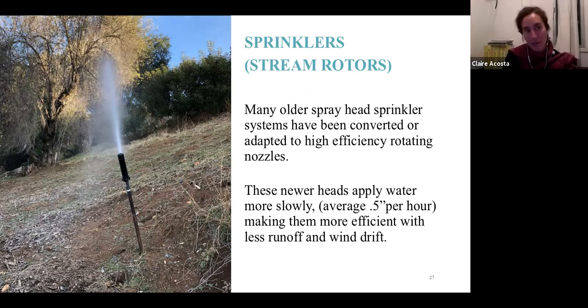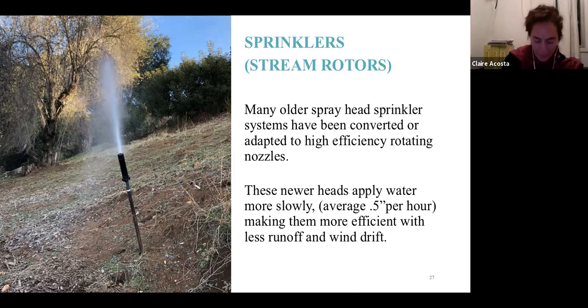The traditional ones are more like 1.5 to 2 inches. That makes them more efficient with less runoff, because if the water is being applied more slowly, the soil has more time to take it up, right? So that's why you potentially have less of an issue with runoff.